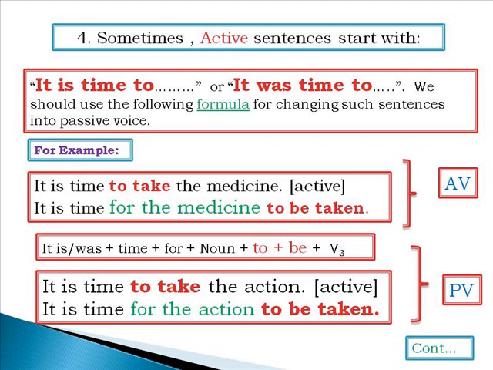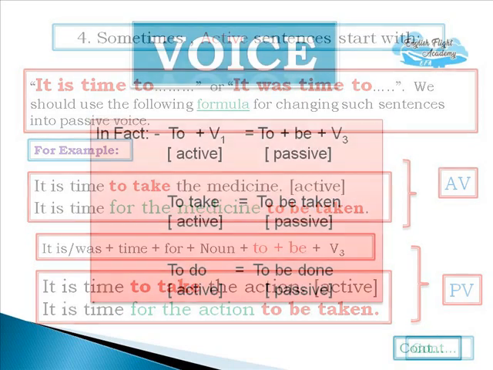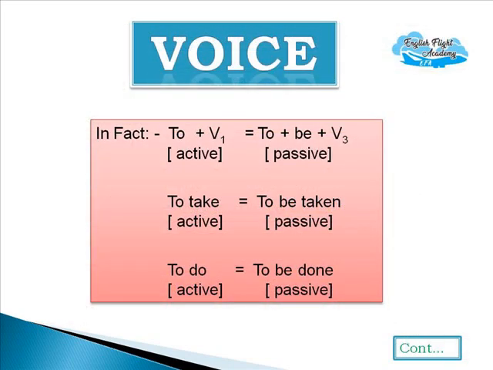It is or was plus time plus for plus noun plus to plus be plus verb 3. Another example I gave there, "It is time to take the action." "It is time for the action to be taken." That way it has to be written or said. So the best way to remember that is to plus verb 1 in the active voice will change to to be plus verb 3. To take is to be taken, to do, to be done.